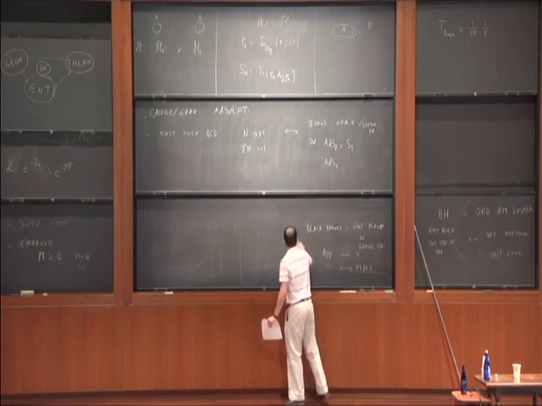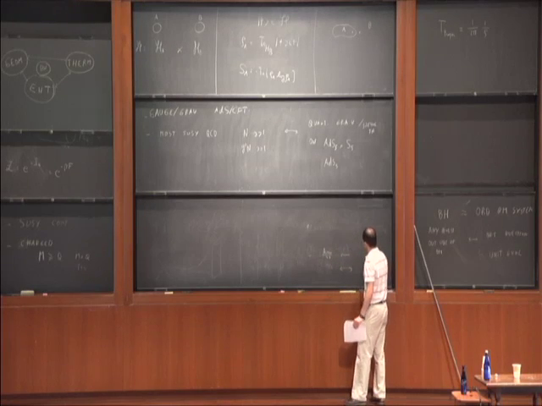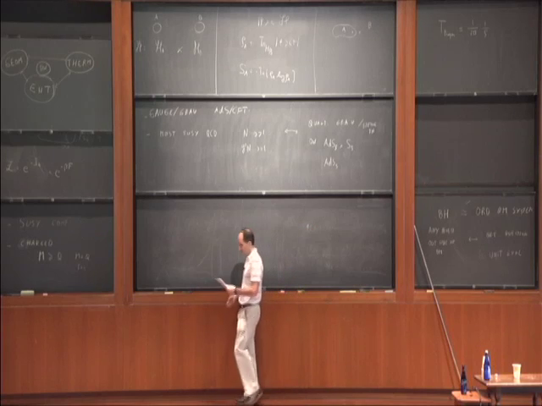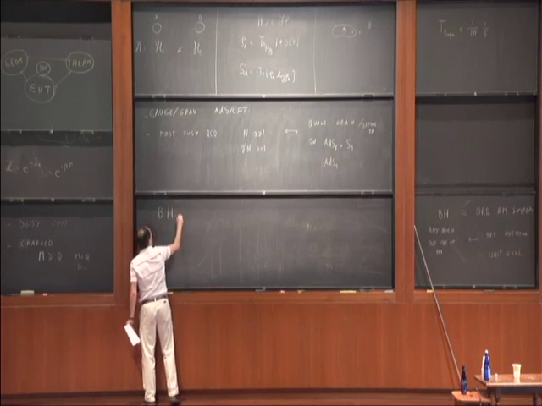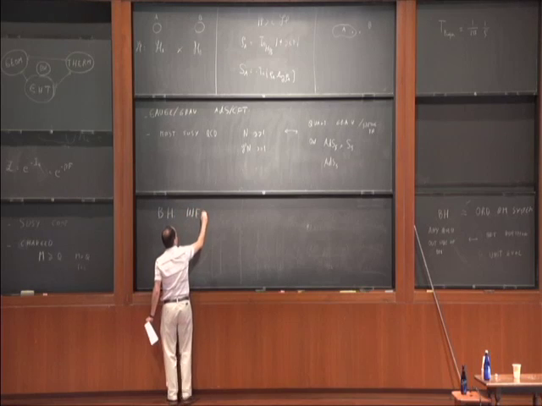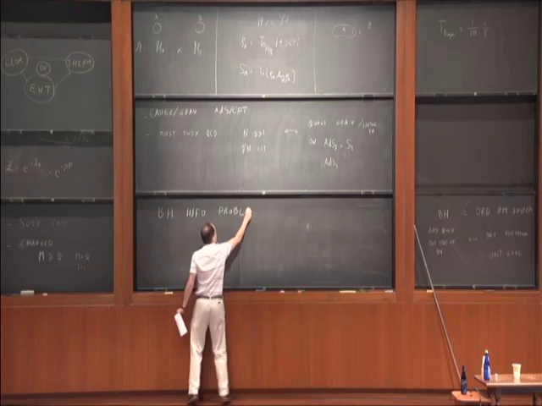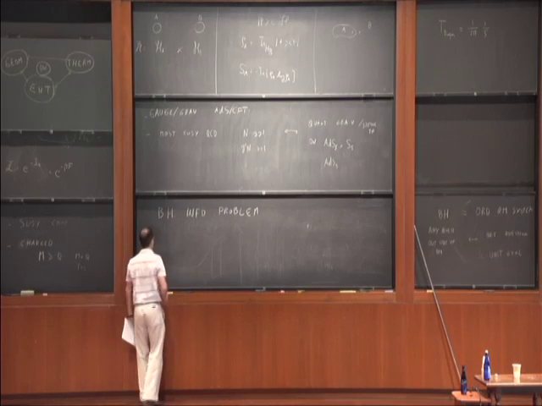So I'm now going to discuss some aspects of the black hole information problem. What is the black hole information problem, basically? It is the following.